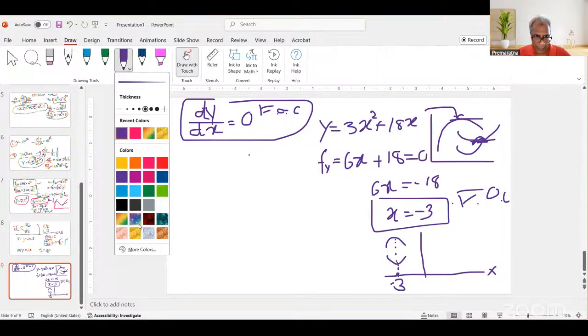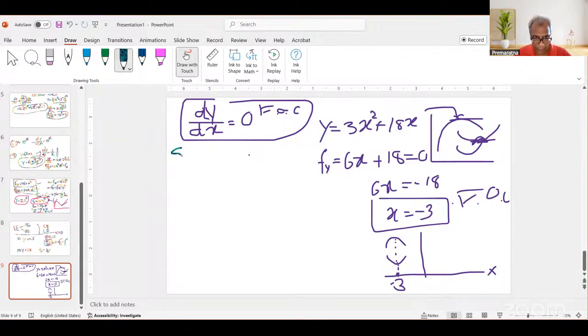what we have to do is look at the second order condition. That's what we call the sufficient condition. The first order condition we call the necessary condition. I think you have learned those things in mathematics. What happens in the second order condition in the case of a maximum point?